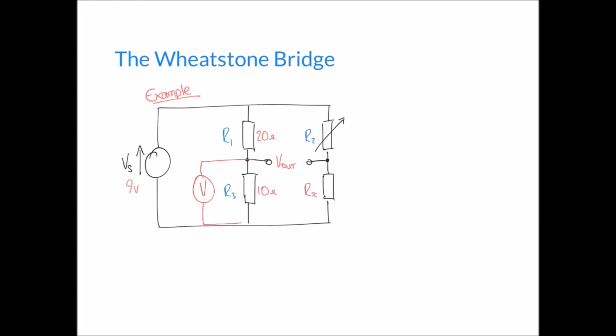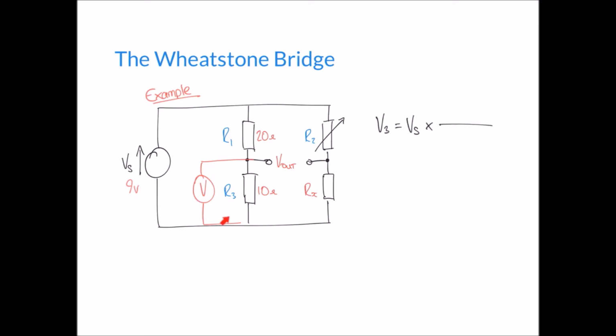So referring back to our potential divider rule, we'll call V3 the voltage across R3. We know that V3 is equal to the supply voltage, Vs, multiplied by a fraction, and we're measuring across R3.